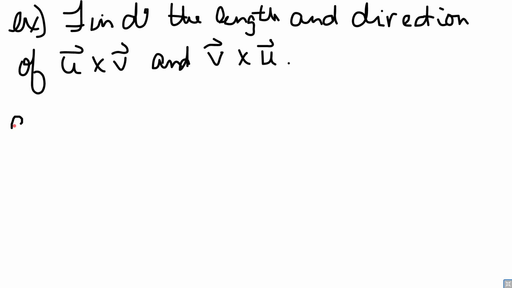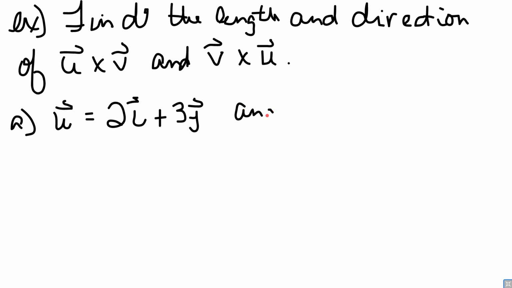For part A, our vectors are defined as follows. Vector u is defined as 2 in the i direction plus 3 in the j direction, and vector v is equal to -1 in the i direction plus 1 in the j direction.